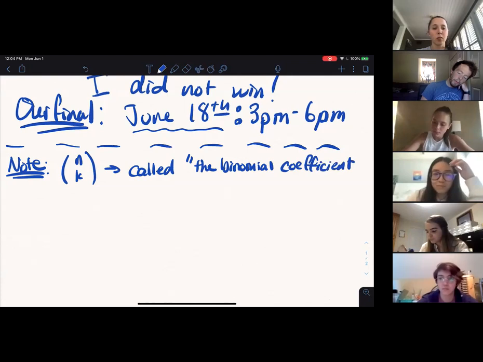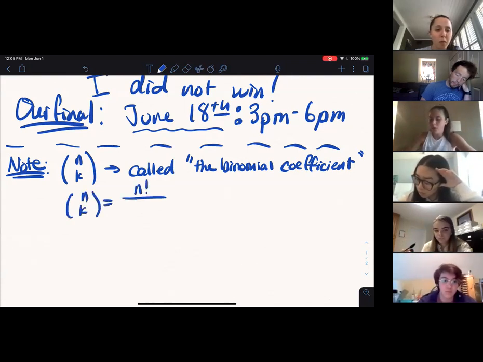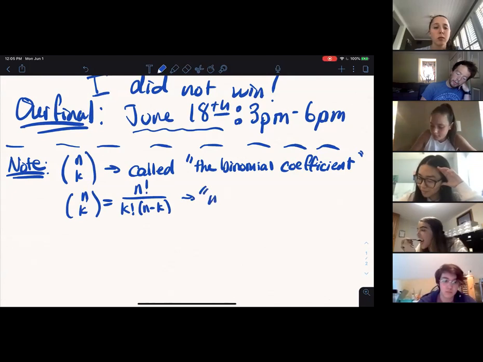And I wrote one version of the binomial that used this coefficient. It's just shorthand for this, which sometimes people also say n choose k when they describe it.